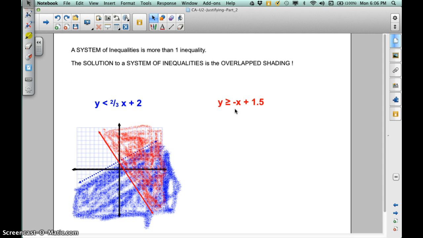And so when you're asked to solve a system, you draw both of the graphs on the same coordinate plane, and then you would just darken in or maybe erase the parts that don't overlap and keep the part that does overlap. That is your solution.